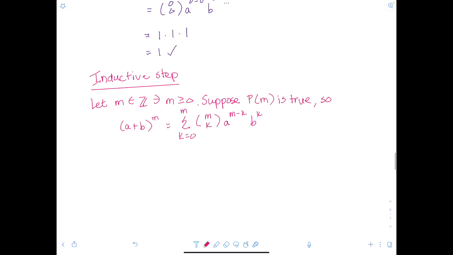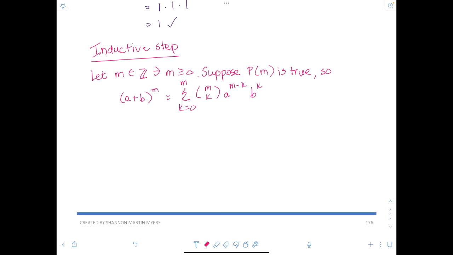Now, we need to show that this is true for m plus 1, right? So let's take a look at what we have. So a lot of times, why don't we see what a plus b raised to the m plus 1 looks like? So just so we can keep track, this right here was p at m.